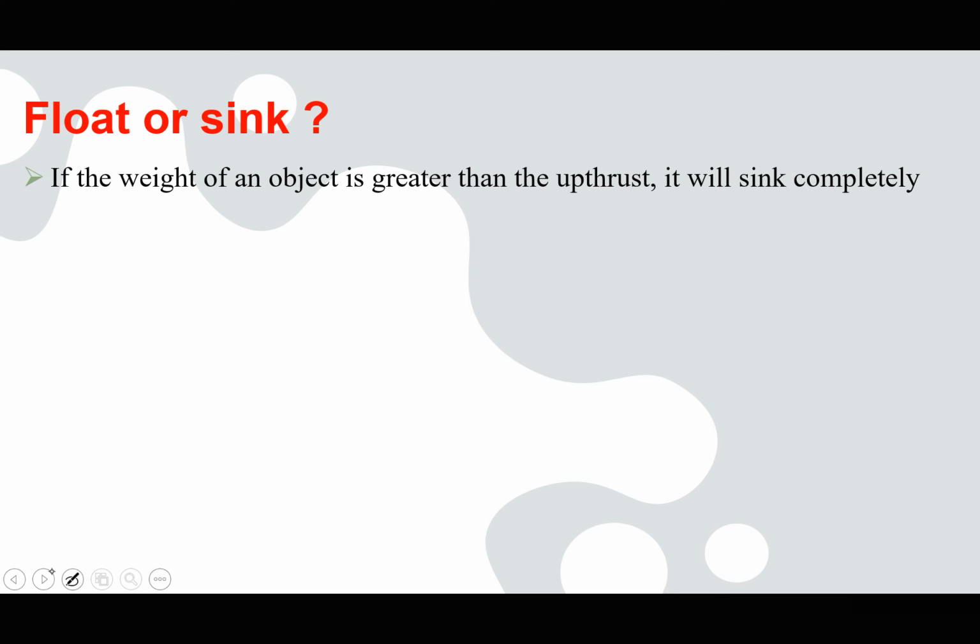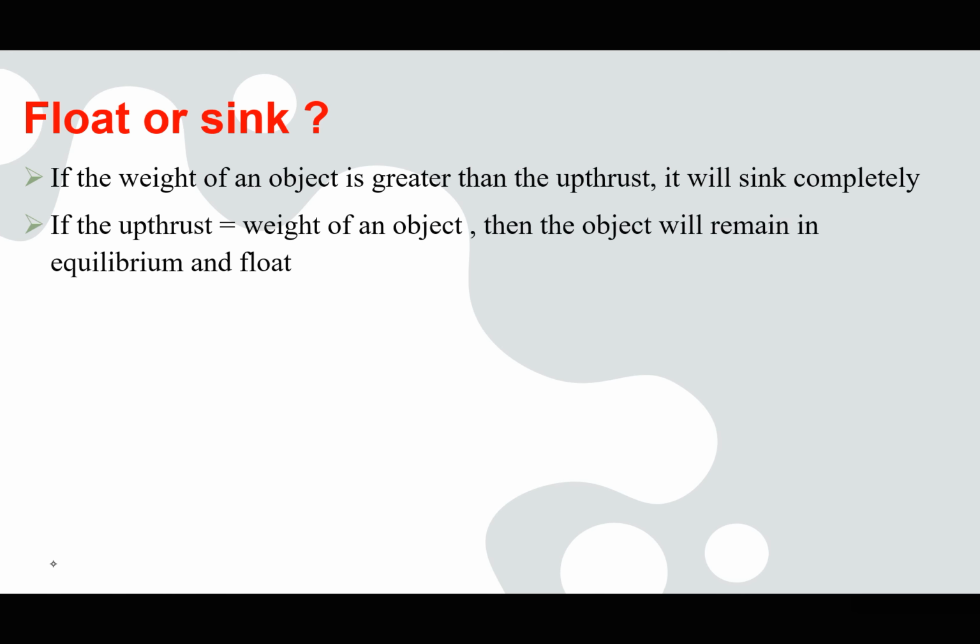If the weight of an object is greater than the upthrust, the object will go down. It means the object will completely sink to the bottom of the liquid. If the upthrust is equal to the weight of the object, the object floats.